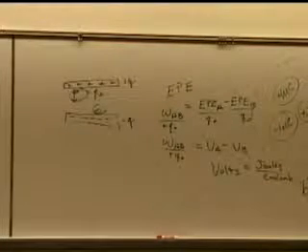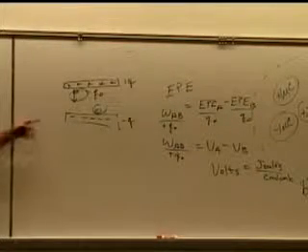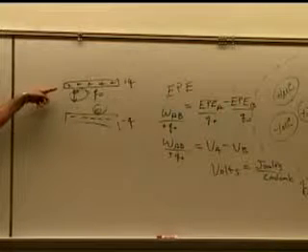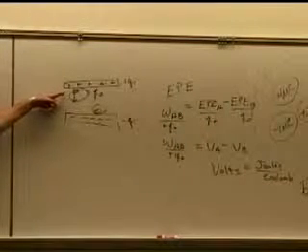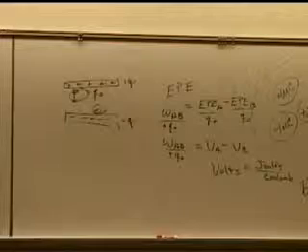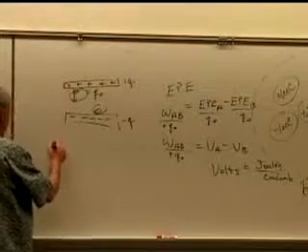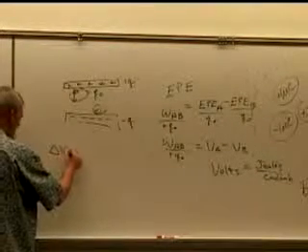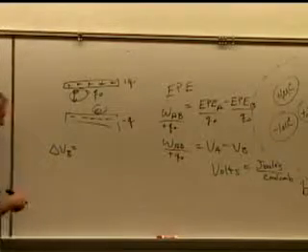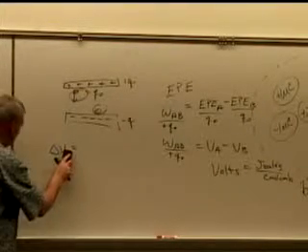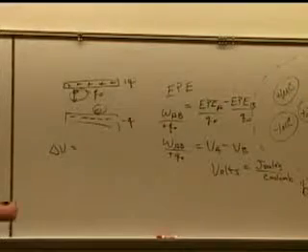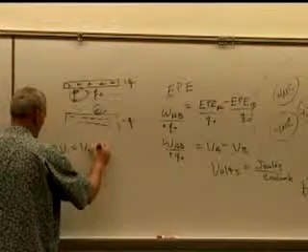Now, what about this change of potential from A to B? This guy's going from here to here, but here's actually the way we do it. We say the change of potential is equal to VB minus VA.